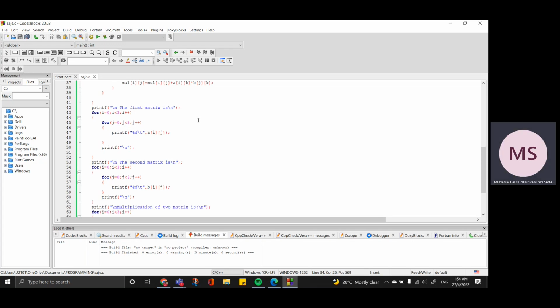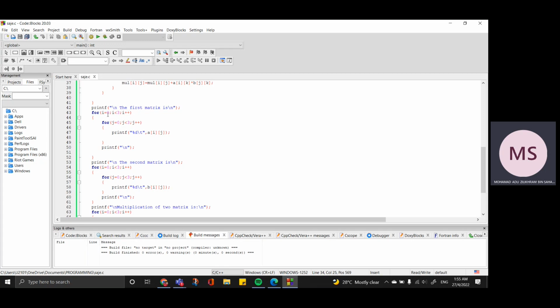For the next step, we need to show the values we input for the first and second matrix in matrix form. To make it easier for the reader to understand, we need to put in a title: the first matrix is what?